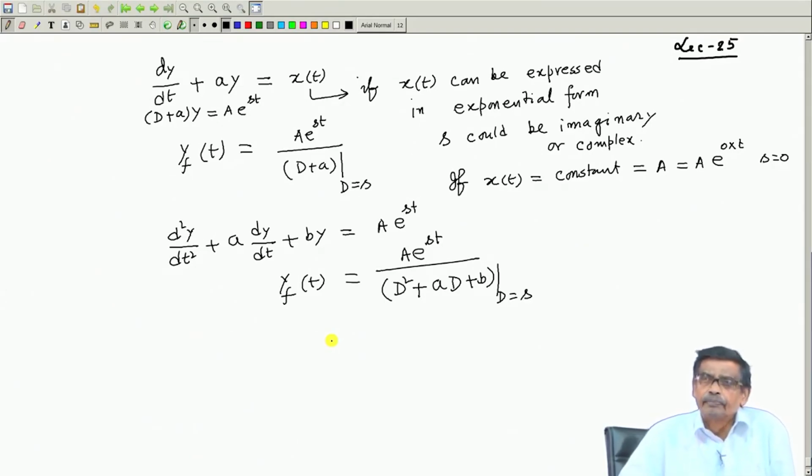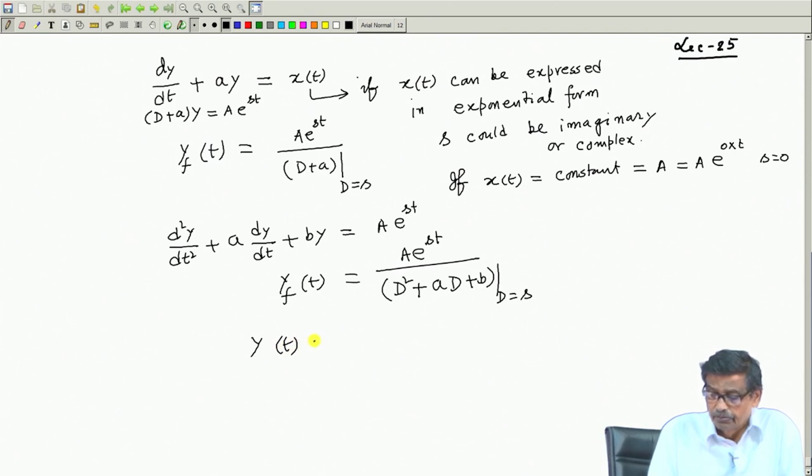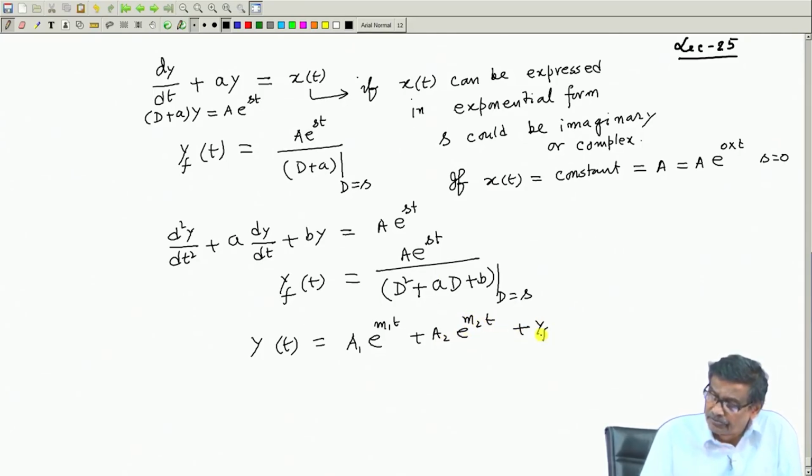We applied this because in electrical engineering, sources in general will be either sinusoidally varying AC quantities, such as the supply voltage of the grid, which is 50 hertz sinusoidally varying, or the source could be a DC battery. So the solution due to the forcing function can be written like that. The total solution includes the natural response, a1 e to the power m1 t plus a2 e to the power m2 t, and then the solution due to the forcing function.